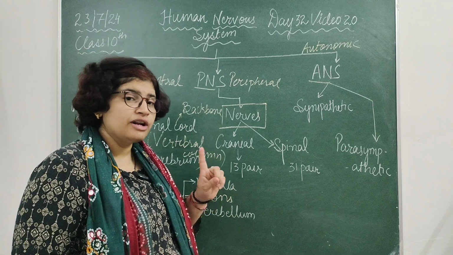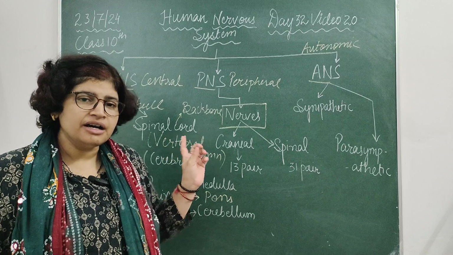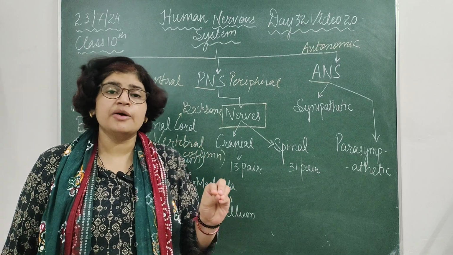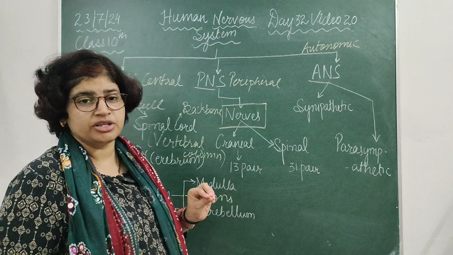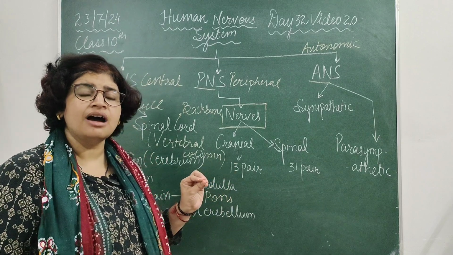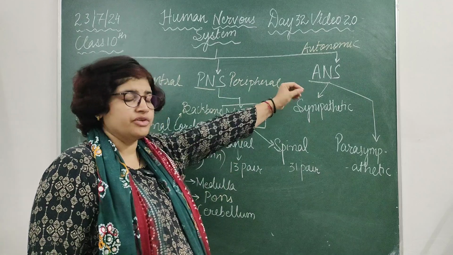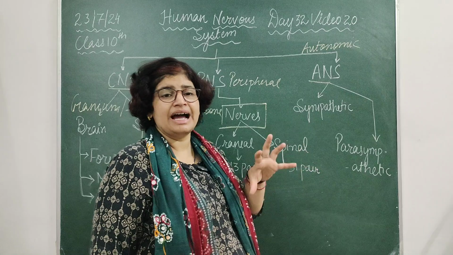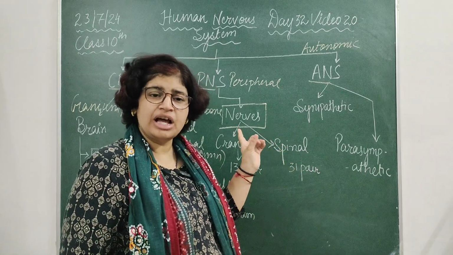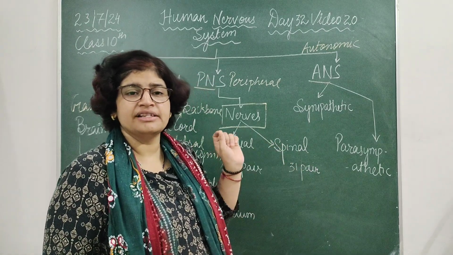One hormone we have studied in earlier classes, adrenaline, that is the emergency hormone that rises in our body during emergency situations, which will increase our heart rate. The autonomic nervous system acts directly according to that emergency, and the target organ is the heart.